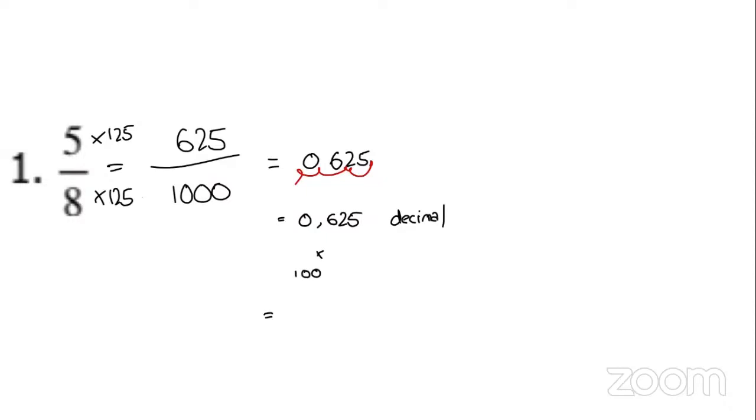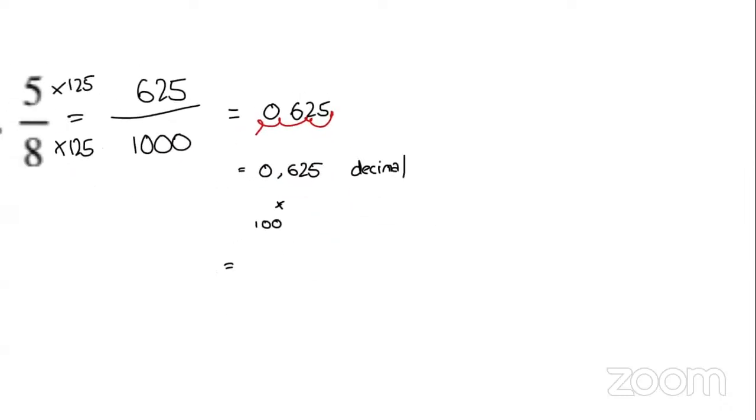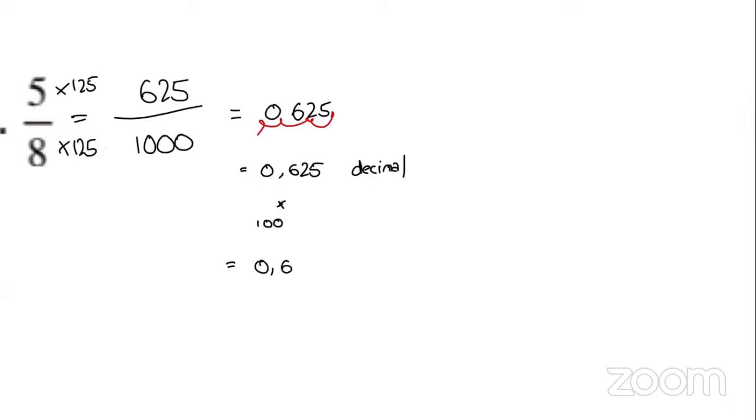When we multiply by 100, essentially we're moving the comma 2 spaces to the right. 62.5.